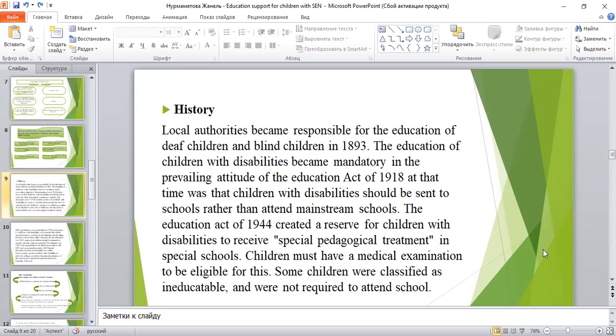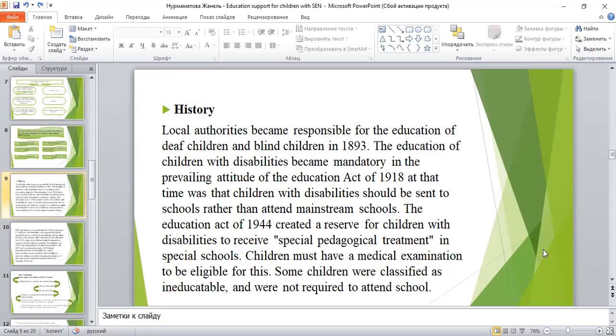The education of children with disabilities became mandatory in the Education Act of 1918. The prevailing attitude at that time was that children with disabilities should be sent to special schools rather than attend mainstream schools.